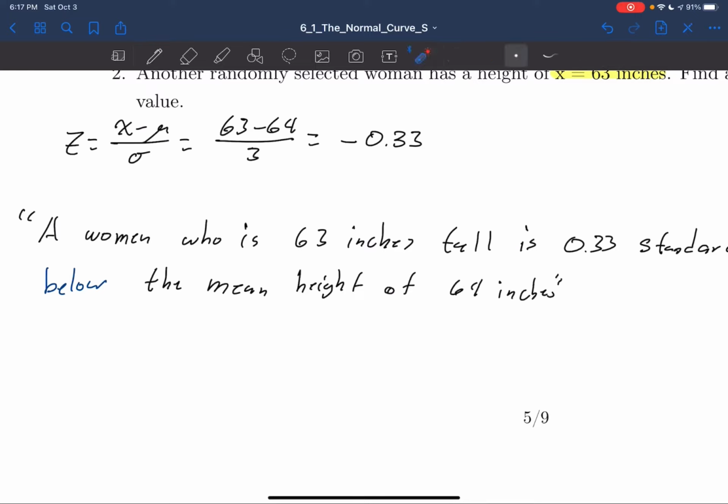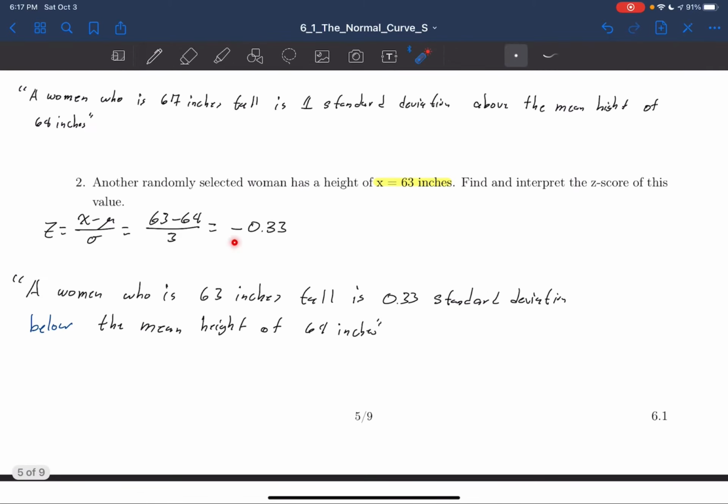Notice that I put below. Why did I do that? It's because we have a negative z value. We know that if our z-score is negative, it's below the mean.